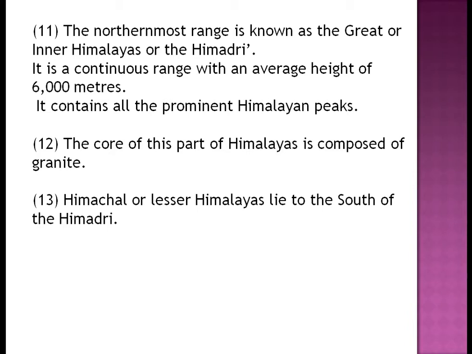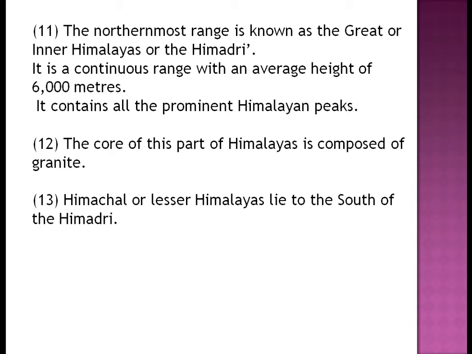Himadri, the reason why, because they are almost covered with snow. Him means ice. It is a continuous range with an average height of 6,000 meters. It contains all the prominent Himalayan peaks. Next, the core of this part of the Himalaya is composed of granite.